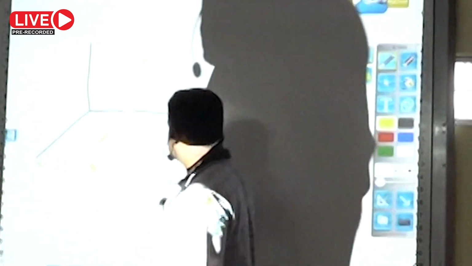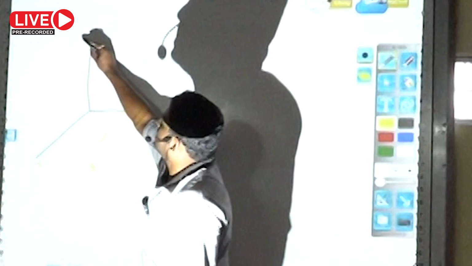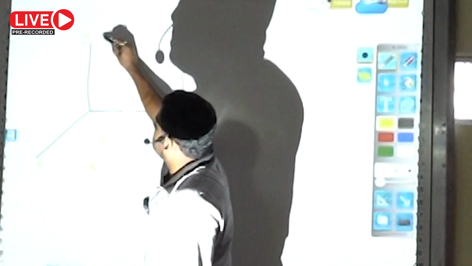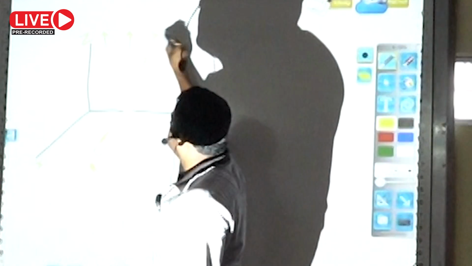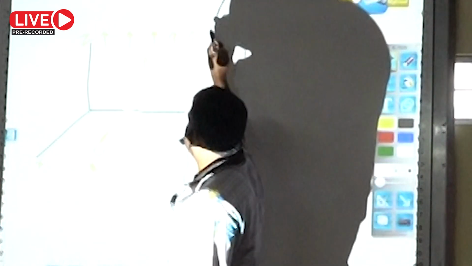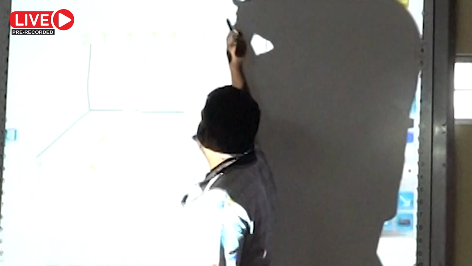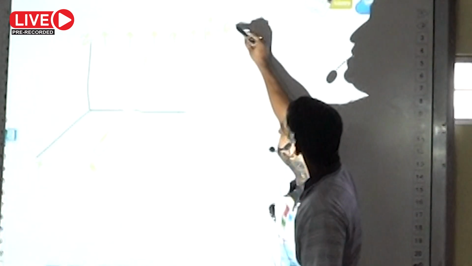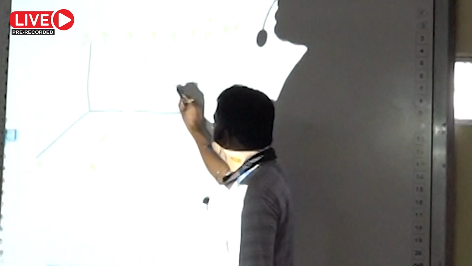This is a rod, metallic rod, conducting rod. And this one is considered as the x-axis, this one is y-axis, this one is z-axis, and we consider a uniform magnetic field is present along z direction, that is denoted by B equal to magnitude B into k cap, and this rod is moving with a constant velocity along the y direction, denoted by V equal to V j cap.